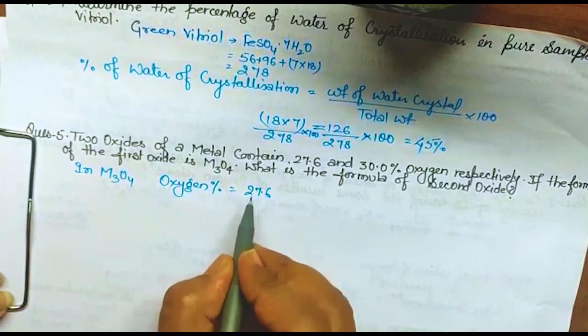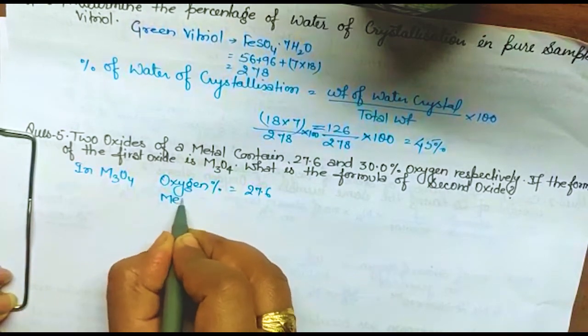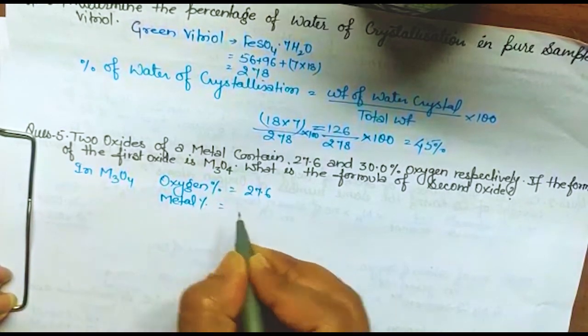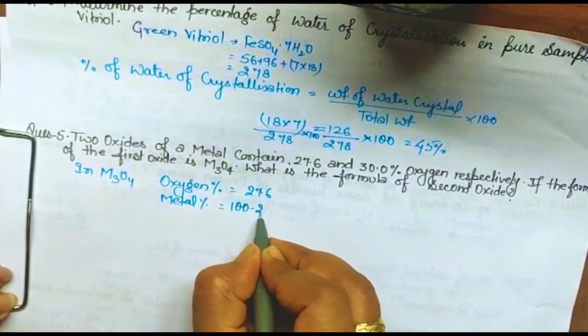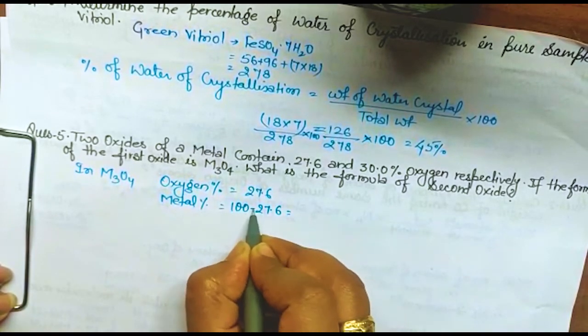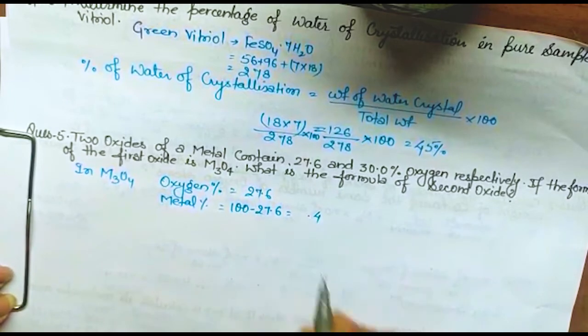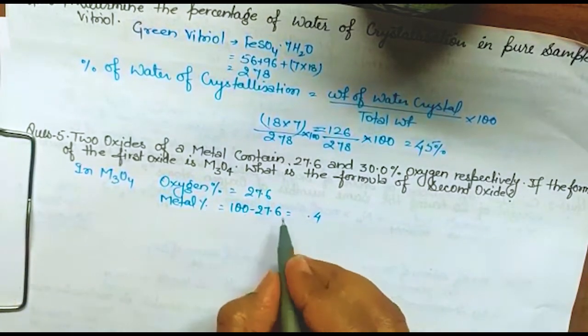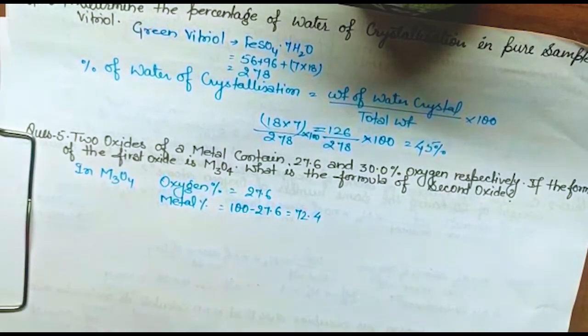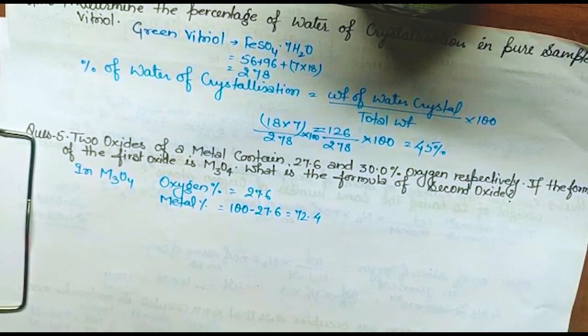So oxygen percent is this, so how much will the metal percent be? Metal percent will be 100 minus 27.6, isn't it? So just solve it, it will be 72.4. So the metal percentage we got is 72.4. Any doubt in this?